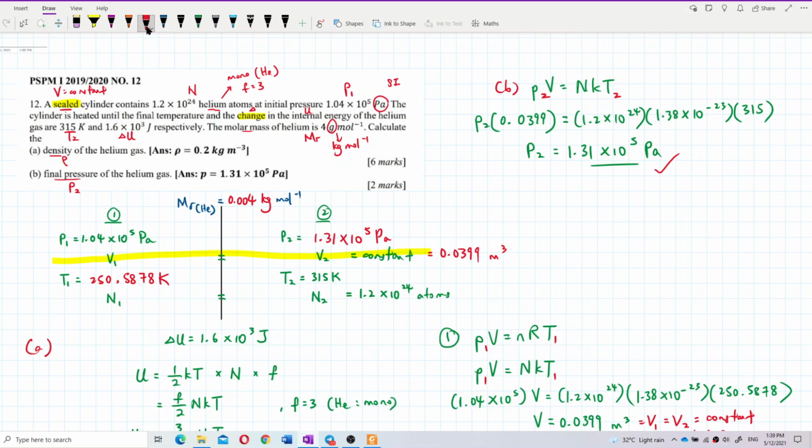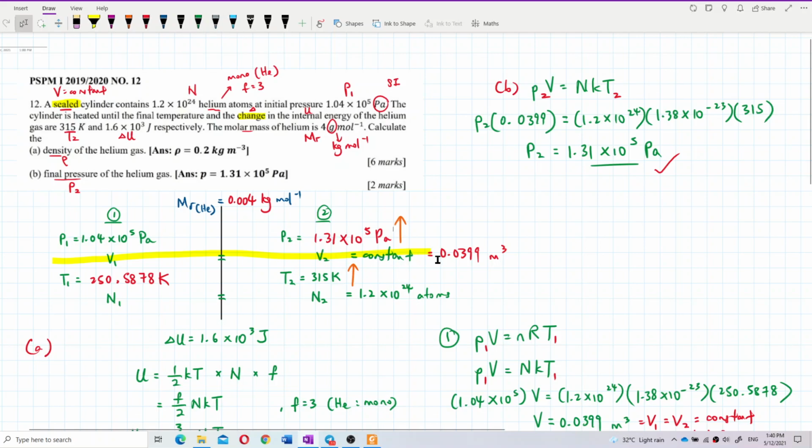If you look here, you see that the temperature increases, the pressure also increases. So it's correct with our conclusion. You see that from 1.04 become 1.31, when temperature increases from 250 to 315, the pressure also increases. So it is the pressure law.